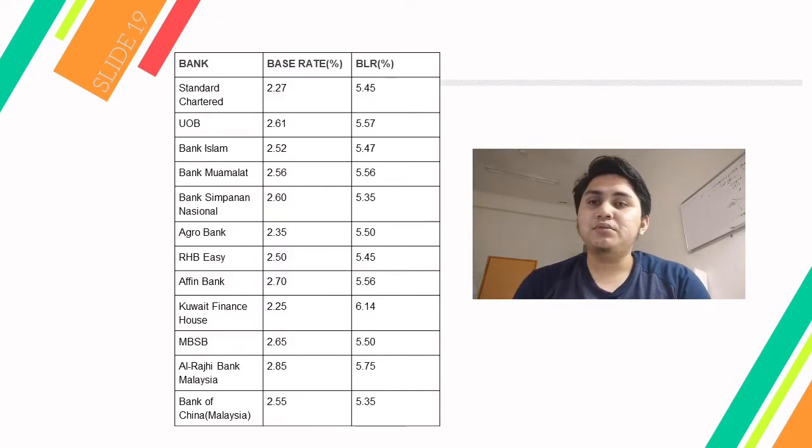Standard Chartered 2.27%, UOB 2.61%, Bank Islam 2.52%, Bank Muamalat 2.56%, Bank Simpanan Nasional 2.60%, Agrobank 2.35%, RHB Easy 2.50%, Afin Bank 2.70%, Kuwait Finance House 2.25%, MBSB 2.65%, Al Rajhi Bank Malaysia 2.85%, Bank of China Malaysia 2.55%. Okay, that's all for interest rate.